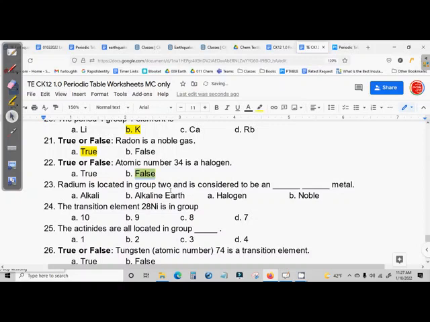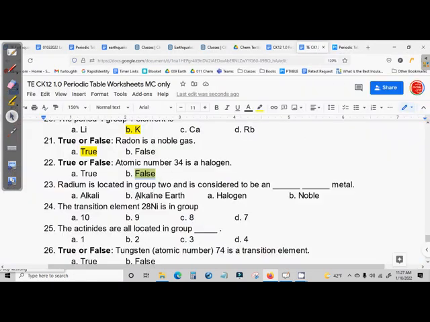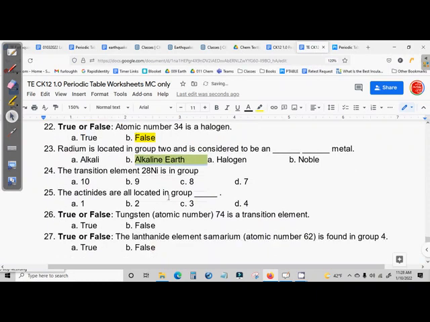Radium is located in group 2 and is considered to be a blank metal. So we find radium. Radium's right there. It's in group 2. So that's an alkaline earth metal. Transition element 28Ni. So the 28, that's actually supposed to be a subscript.